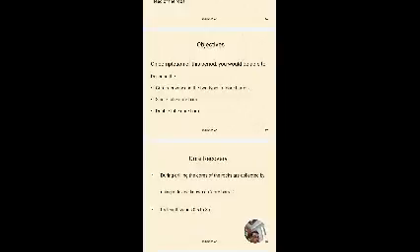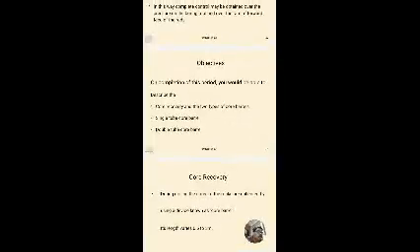A device which is used to catch the core is called a core barrel. A core barrel also looks like a drill rod.